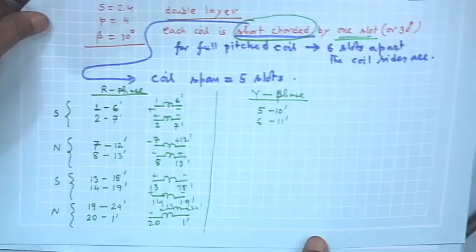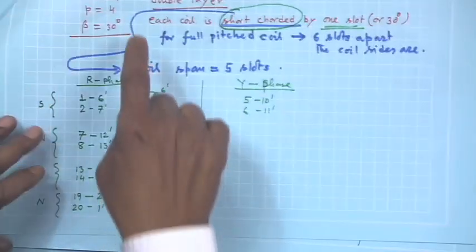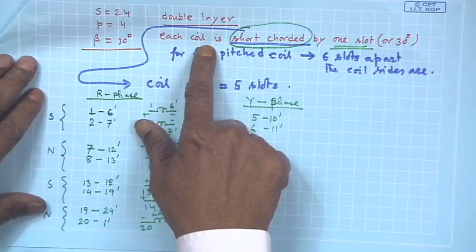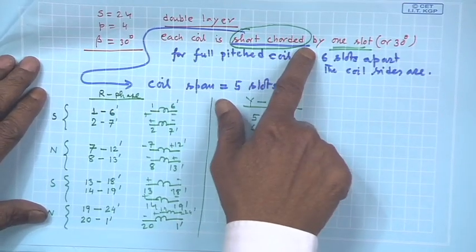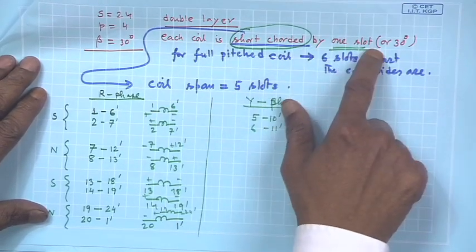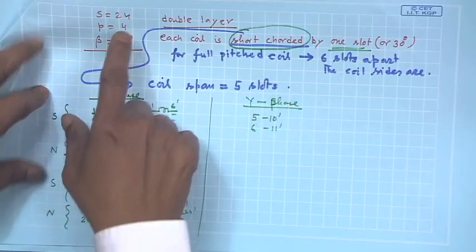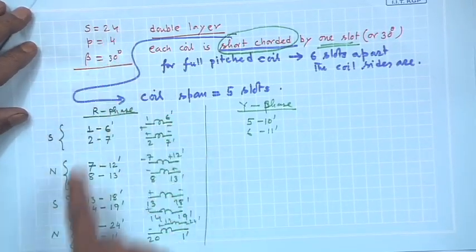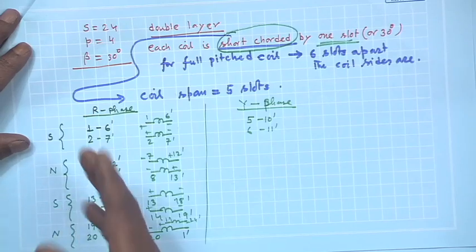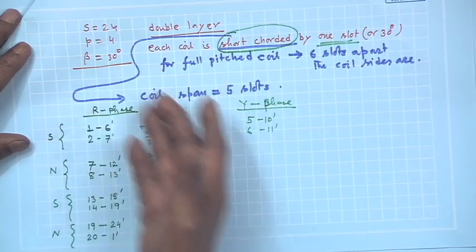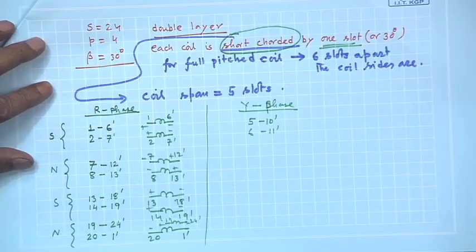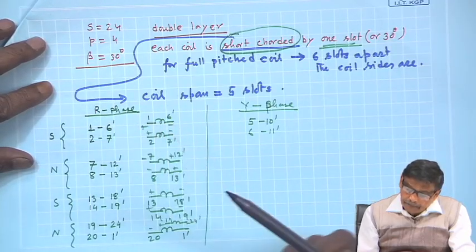So, last time the problem I was discussing was I want to make a double layer winding, but this time each coil will be short chorded by say 1 slot. The specification is total number of slots 24, number of poles 4, and electrical angle between two consecutive slots beta is equal to 30 degrees.